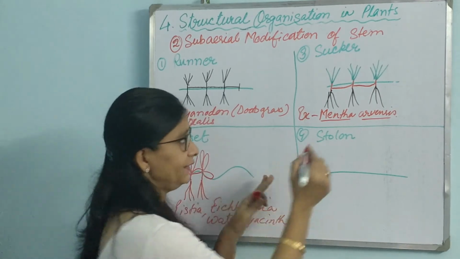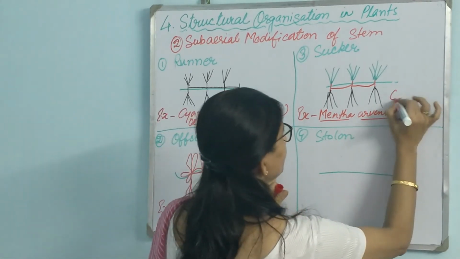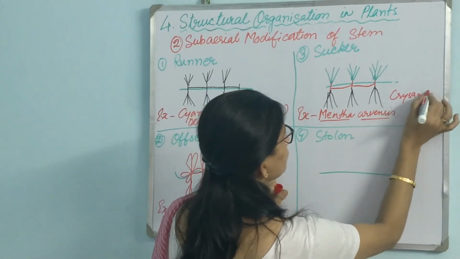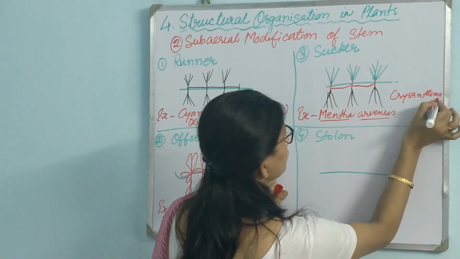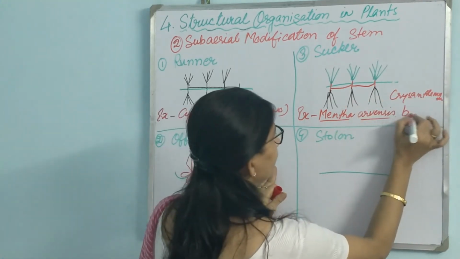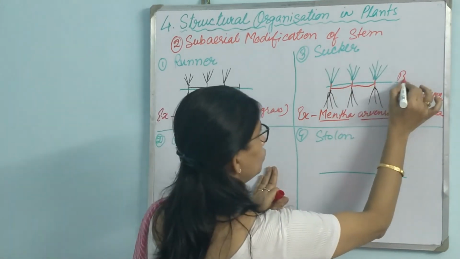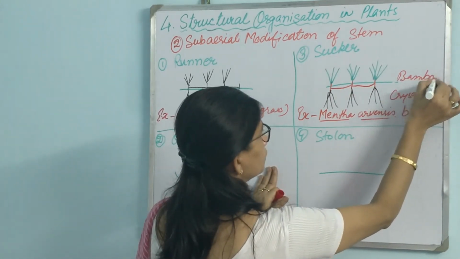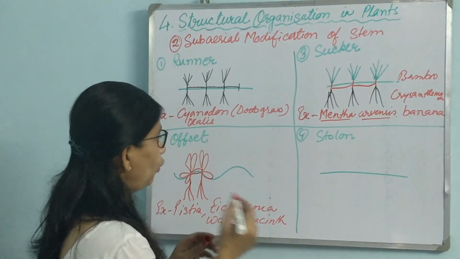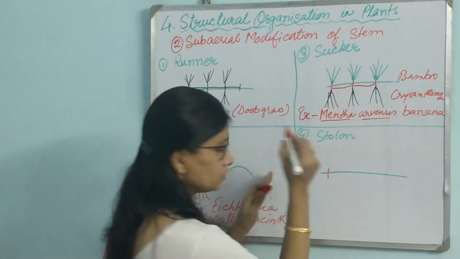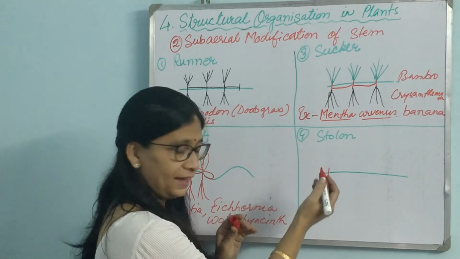Mentha arvensis. And then a very common example is chrysanthemum. You also have banana, which is a sucker, then bamboo. These are all suckers.